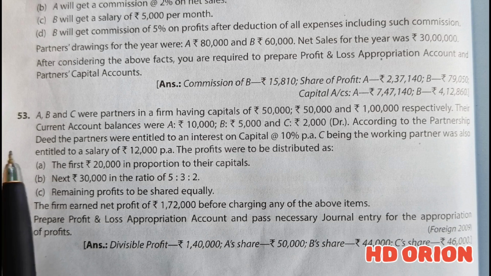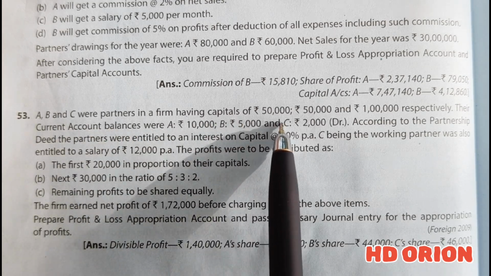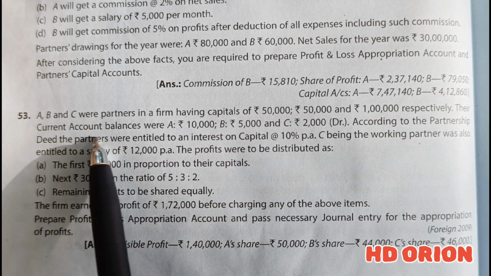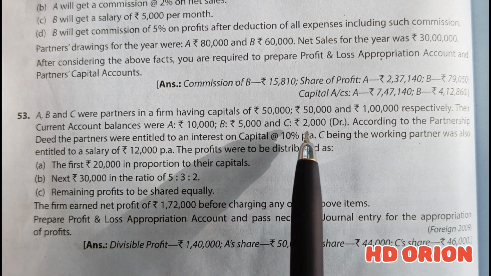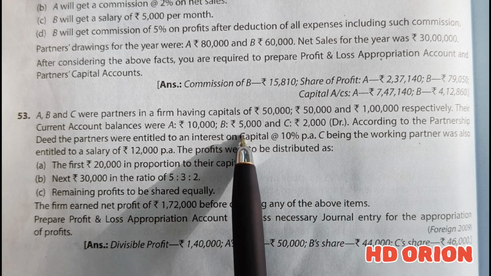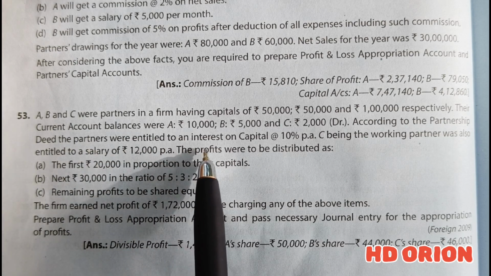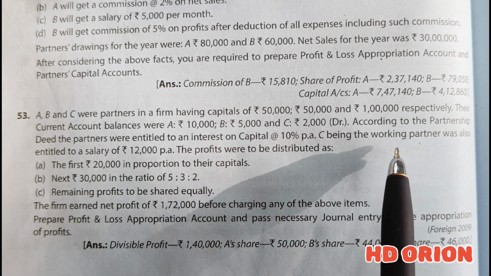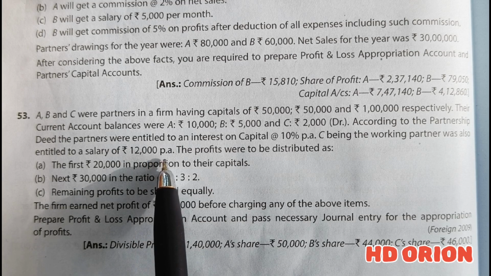Now let us see question number 53. A, B and C were partners in a firm having capitals of rupees 50,000, rupees 50,000 and rupees 1 lakh respectively. Their current account balances were A rupees 10,000, B rupees 5,000 and C rupees 2,000 with a debit balance, whereas these two are credit balances. According to the partnership deed, the partners were entitled to interest on capital at the rate of 10% per annum. C, being the working partner, was also entitled to a salary of rupees 12,000 per annum.